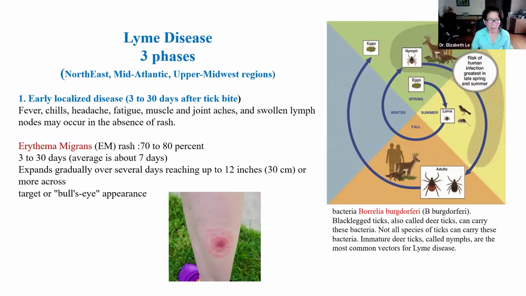And the rash, erythema migrans, happens 70 to 80% of the time, between 3 to 30 days after the infection, averaging about 7 days. It can reach up to about 12 inches or 30 centimeters or more across.